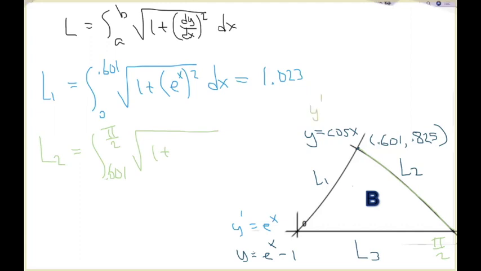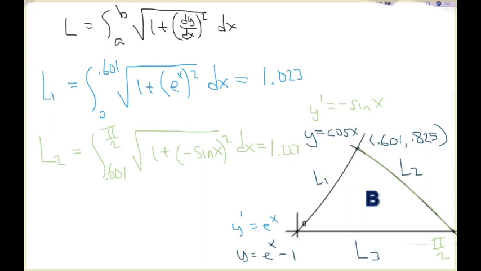Well, the derivative is negative sine of x. I know that technically the negative goes away when we square it, but I'm just going to write it in because I want to be precise. That quantity squared, dx, and I'm getting 1.227.